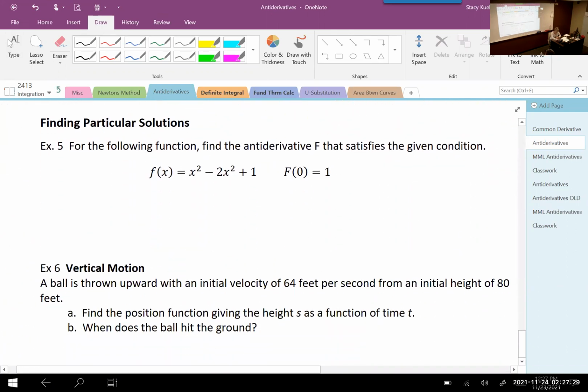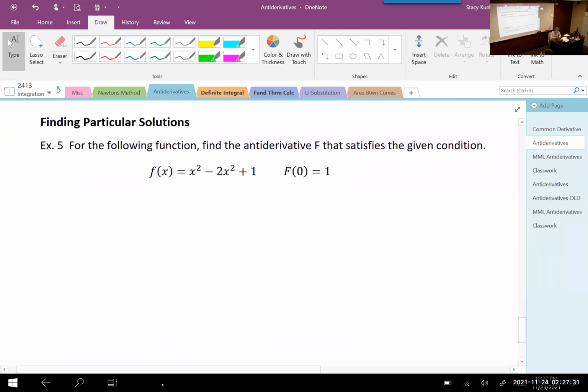Let's look at 2 more problems we have here. For this one, I want to know what that C value is, right? We keep adding C to this. I want to know what that C value is for a given condition. So I have the function, oh, that should not be x squared.